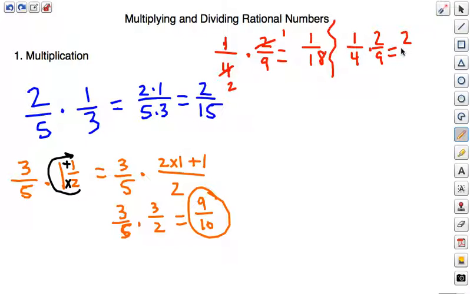You can just multiply those out, so it would be 2 over 36, and if you reduced 2 over 36, you would have 1/18. Okay, so those products do match. It's just this way over here allows you to not have to reduce in this case.